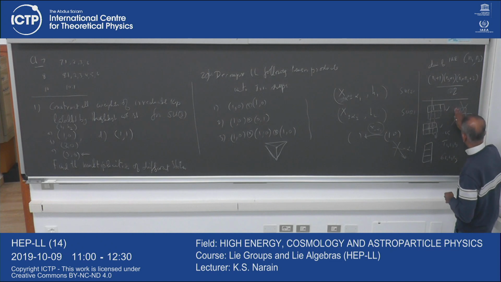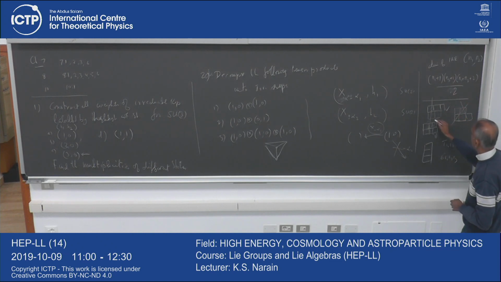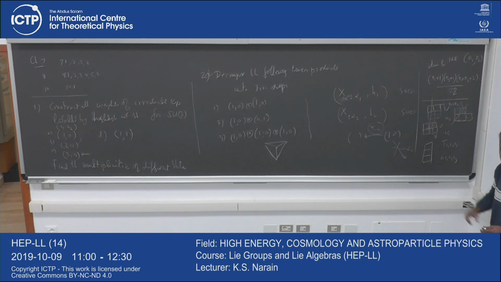Then the translation between this language and that language is: say the number of boxes in the lower row is n2, and the number of boxes in the upper row is n1 plus n2. That's a simple translation between the highest weight language and the Young tableau.